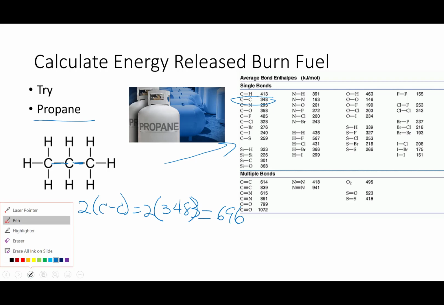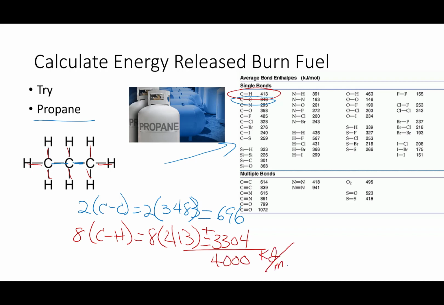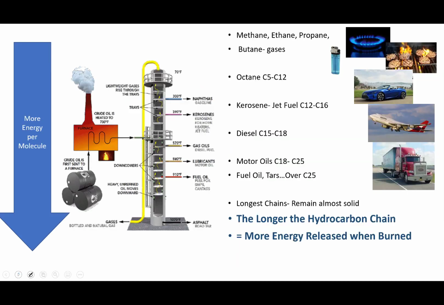And I have 8 carbon-hydrogen bonds, so 8 times 413 is 3,304. Add both of those together, and I got exactly, hope I didn't hit the wrong buttons on my calculator, 4,000 kilojoules per mole. Pretty nifty stuff, and very neat that you can calculate that pretty simply.